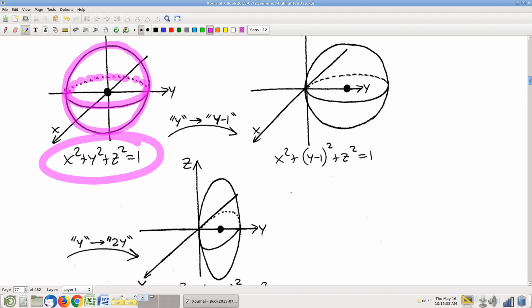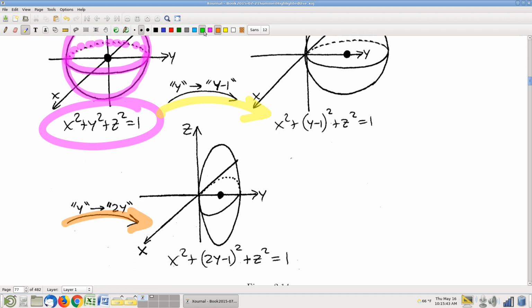Now let's think about, algebraically, what steps I have to do to that equation to turn it into this equation that I'm actually interested in.